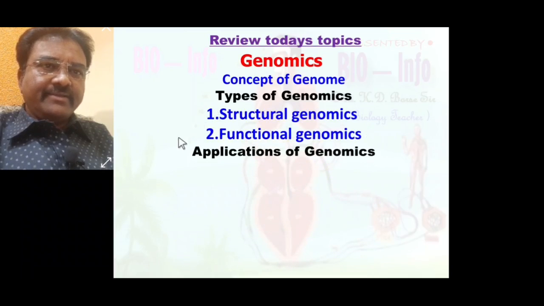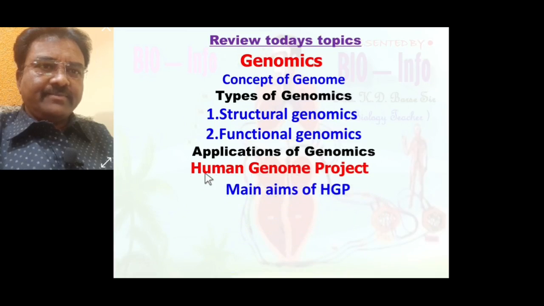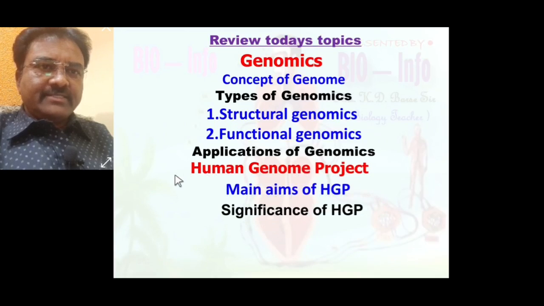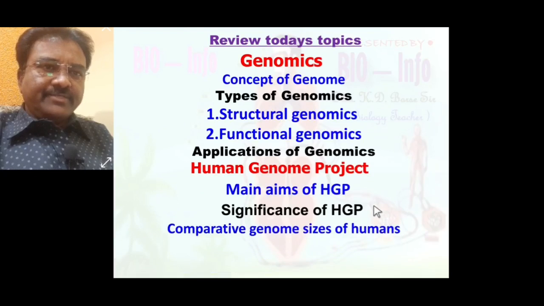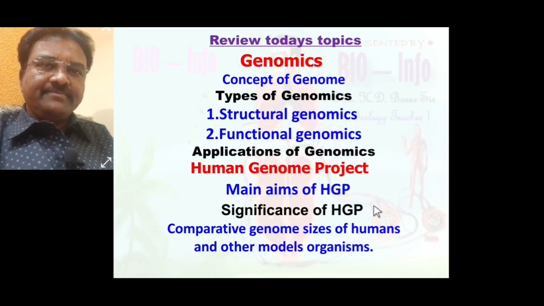We learned different applications of genomics. We discussed in detail the Human Genome Project: its main aims, its significance, and the comparative genome size of humans and other model organisms.